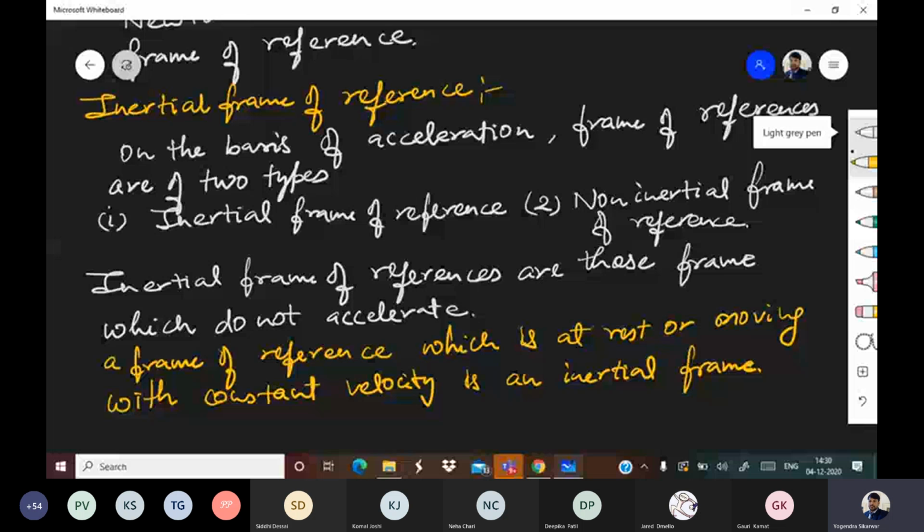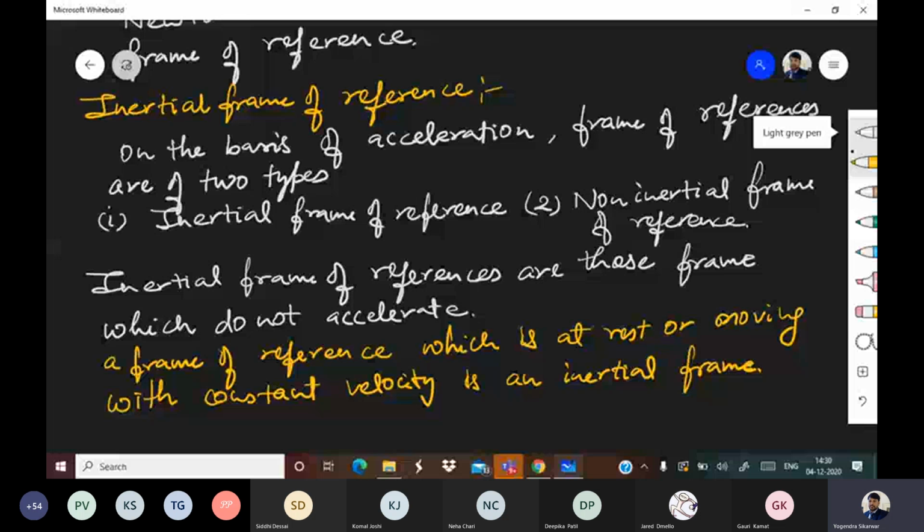A frame of reference which is not inertial will be non-inertial. It will be very easy to find now.